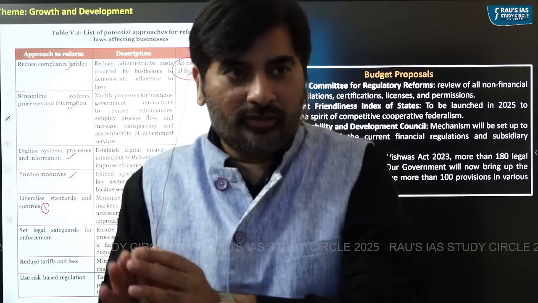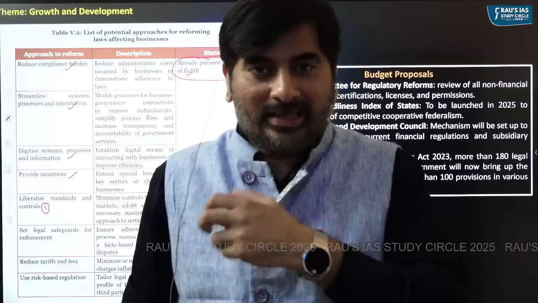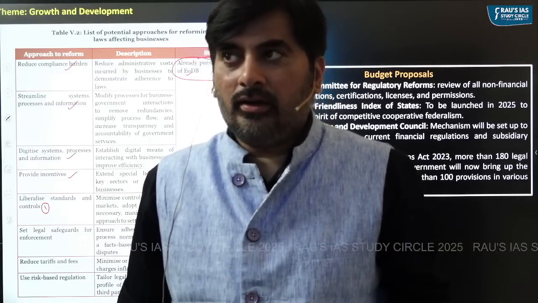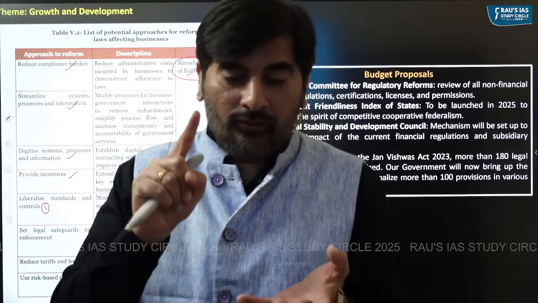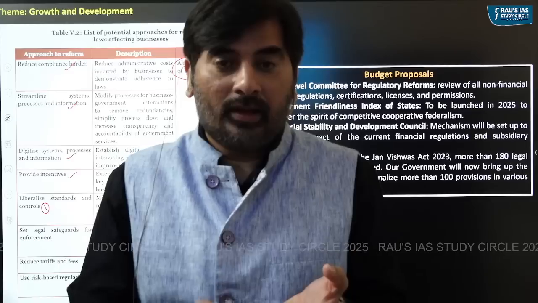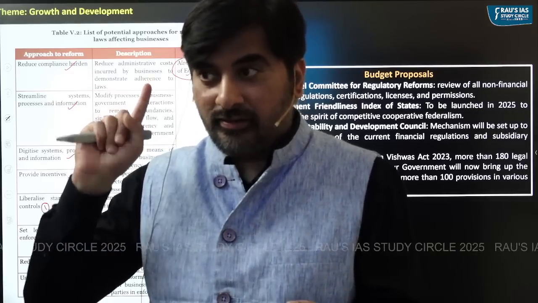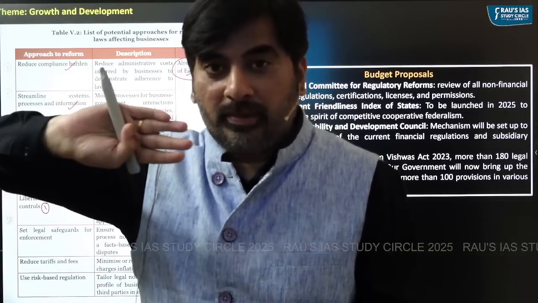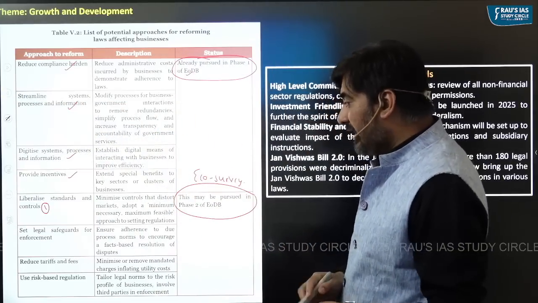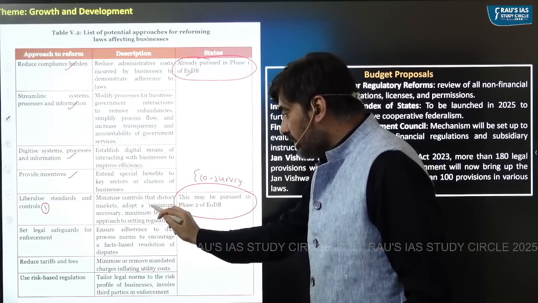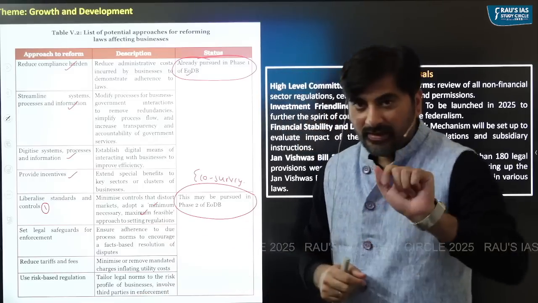Rules and regulations which we think are no longer necessary, or which lead to a substantial amount of monetary cost, opportunity cost, and state capacity cost that we discussed, those should be done away with. That is what is liberalizing standards and control. So we must adopt a minimum necessary, maximum feasible approach. That's the first thing.